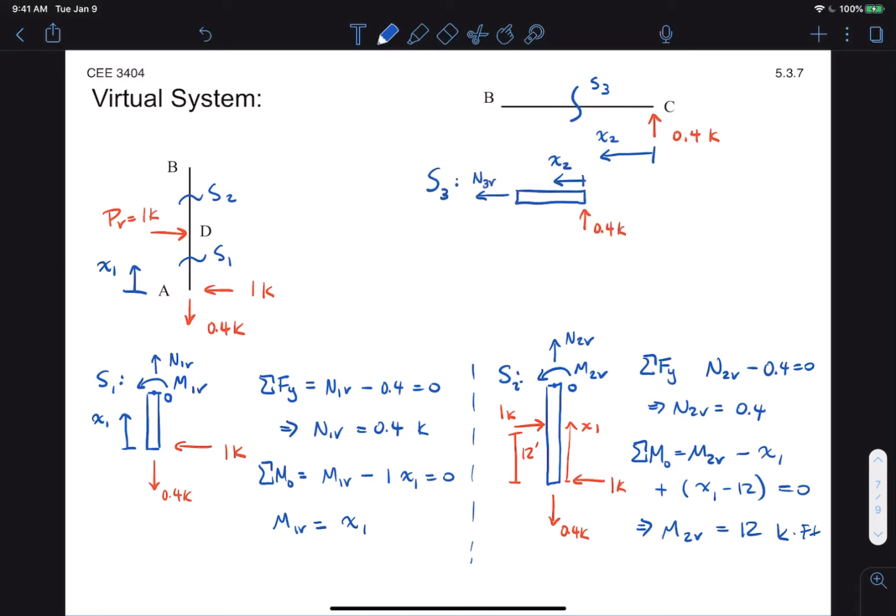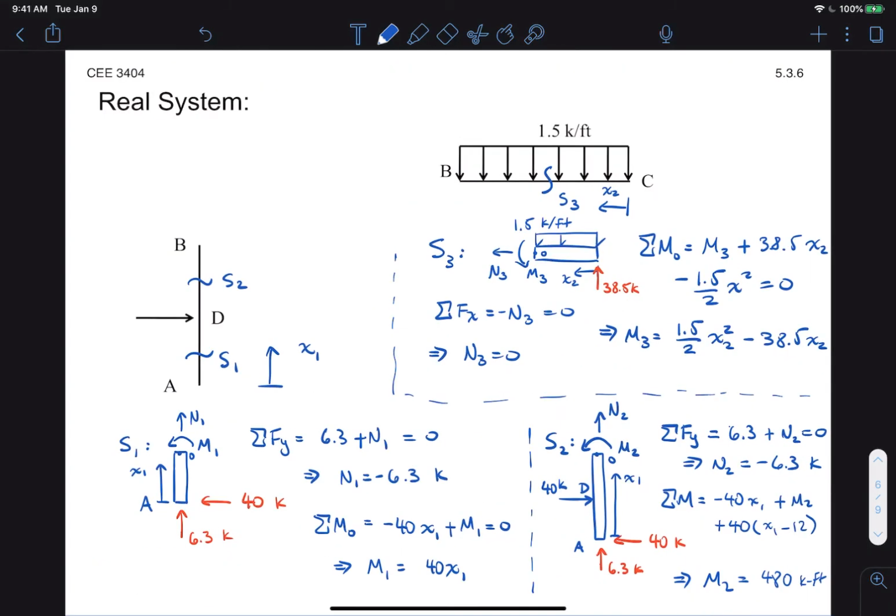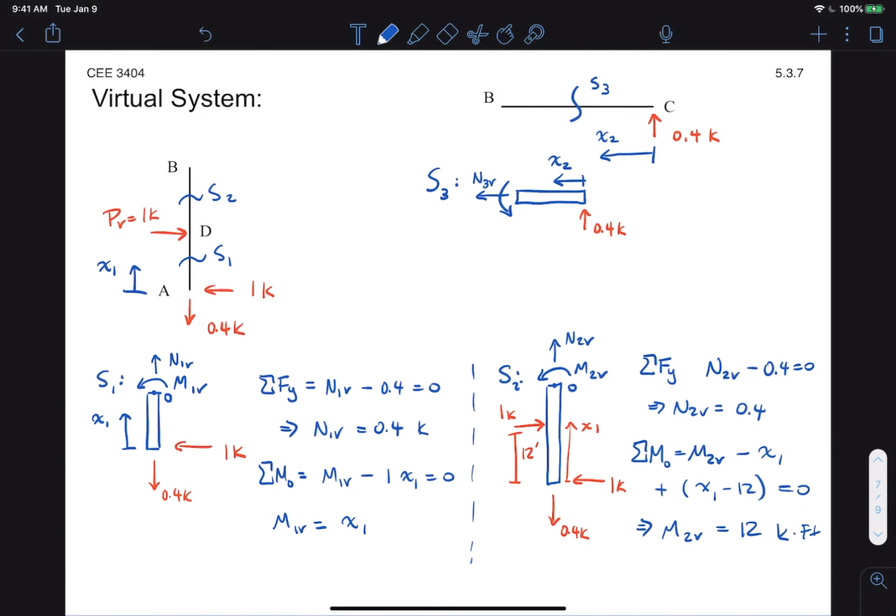And in the same way, I'm bound by the same choices I make when choosing the convention for the axial forces and moments. So the only thing I need to make sure of is that I choose the same directions for both. So because I chose a negative moment convention here, I'll go ahead and do the same here.